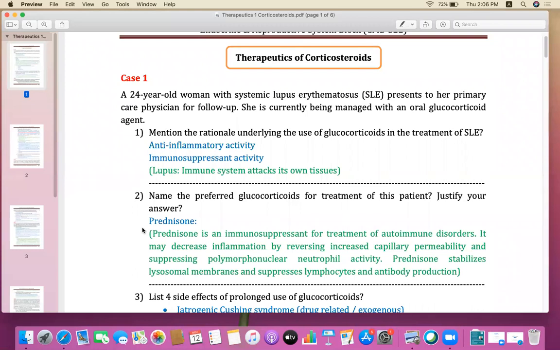Generally, prednisone is the commonly used corticosteroid in the management of SLE because it is also available in oral dosage form, and we know that dividing the dose will be easy.